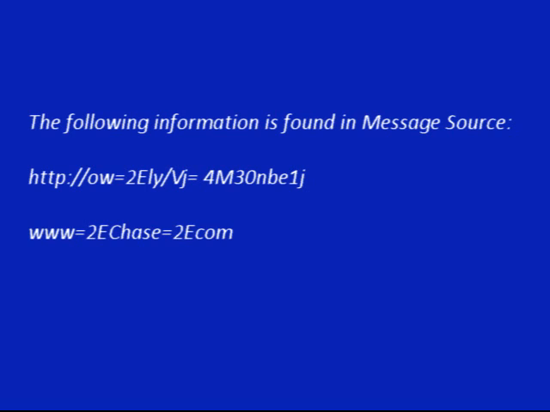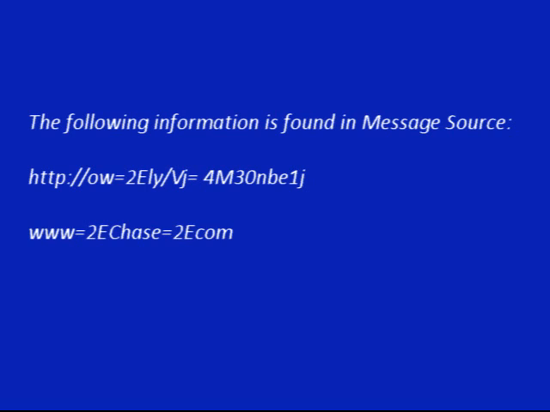Then the following information is found in the message source when you get down to the link itself. The first line corresponds to what we saw before in the Microsoft Word document. This is OW, then that equal to E corresponds to a dot, and then LY follows. So this is the Libyan URL, or the Libyan domain name, that this click would actually correspond to if you clicked on this message.